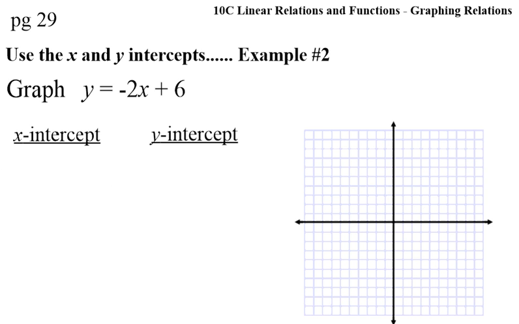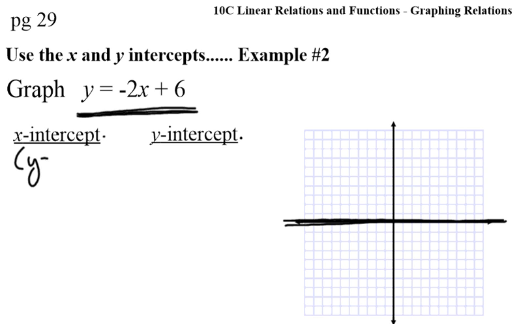Let's take a look at the example that's there. Use the x and y intercepts to graph y equals negative 2x plus 6. So here's our graph. I need 2 points. I'm going to use the x-intercept, and I'm going to use the y-intercept. Well, the key is, I just talked about it. If we're going to somehow intersect the x-axis for our x-intercept, what do we know?